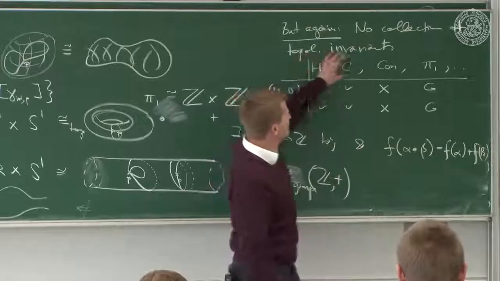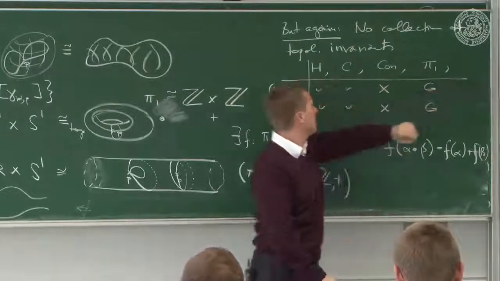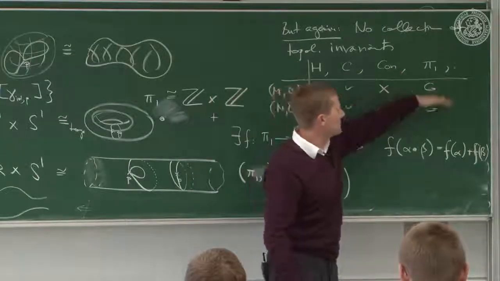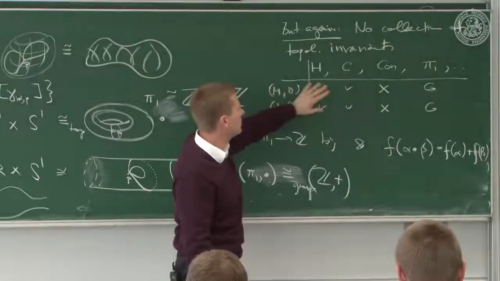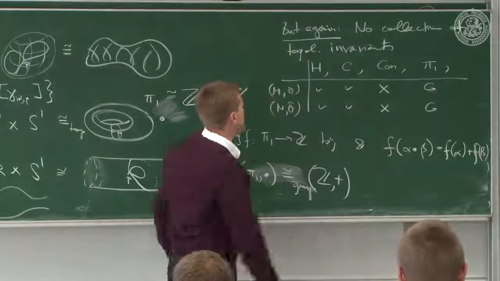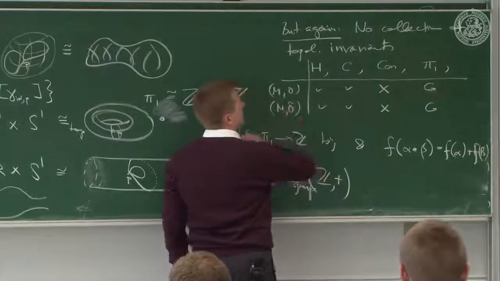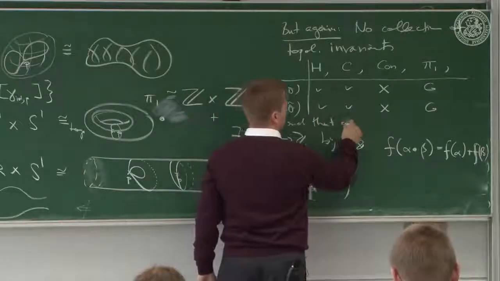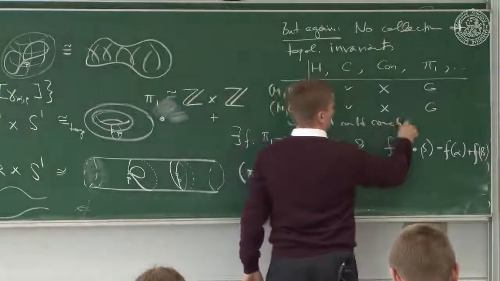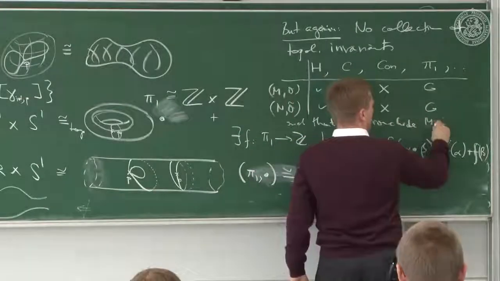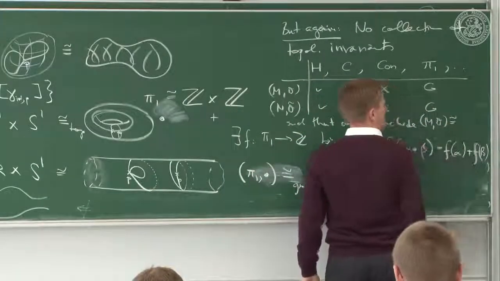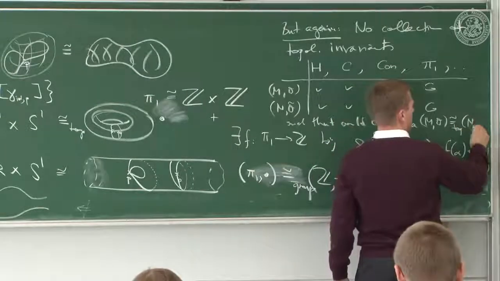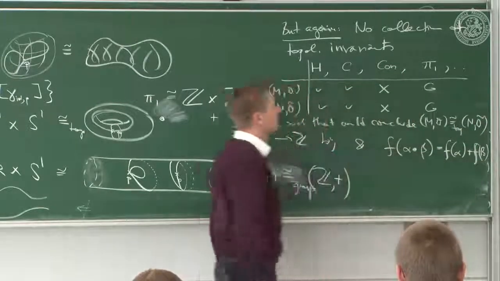So no such list is known, such that if you check for two spaces that they agree on all the properties, you could then conclude that M is topologically isomorphic, so homeomorphic, to N twiddle.